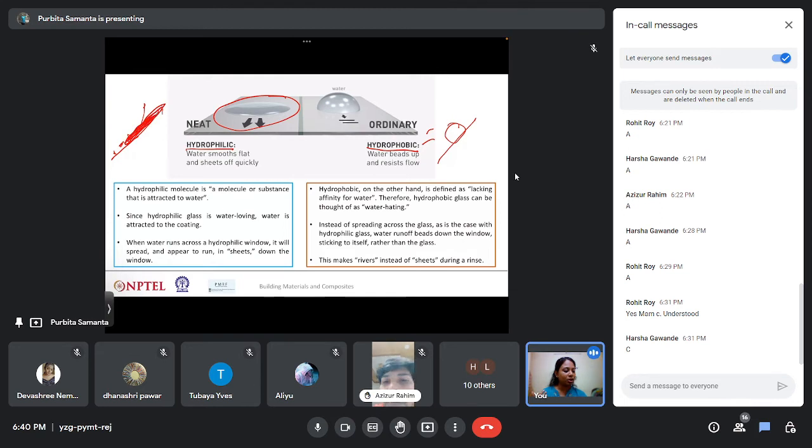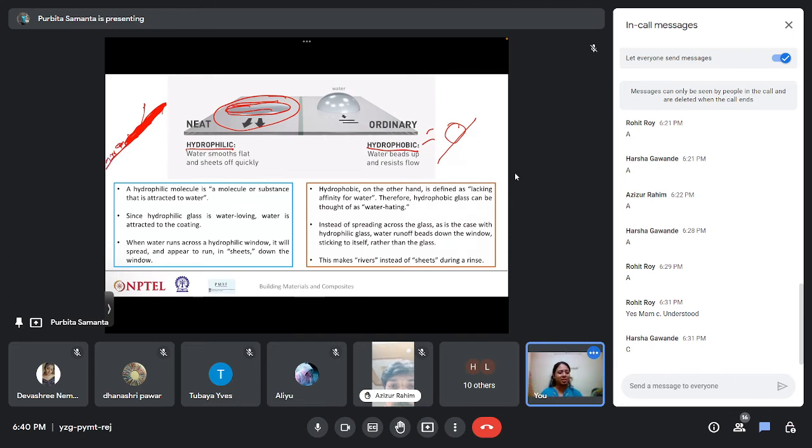If you imagine the water, hydrophilic runs like sheets of water. The water just spreads like sheets, and then it takes away dirt and all those things.